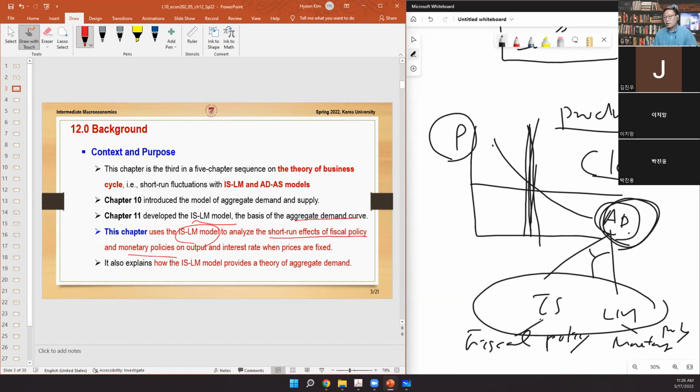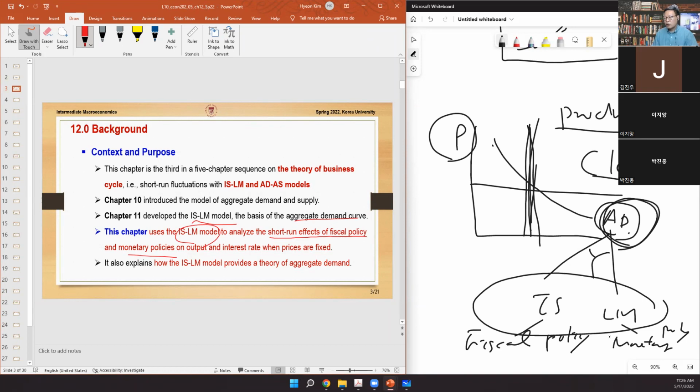Since it is about the basic relation in the goods market and money market, and they all include policy variables, we'll apply what happens to our output and real interest rate when you have some change in your policy variable, fiscal policy and monetary policy.